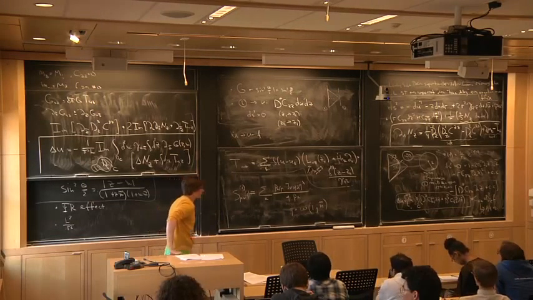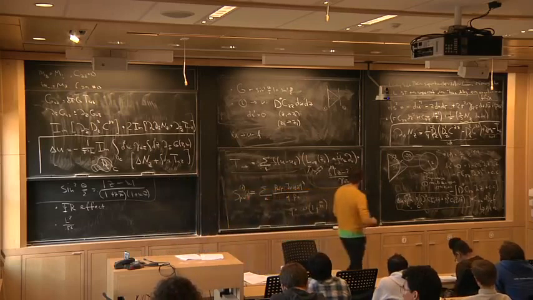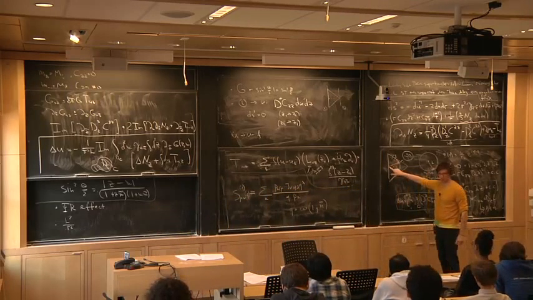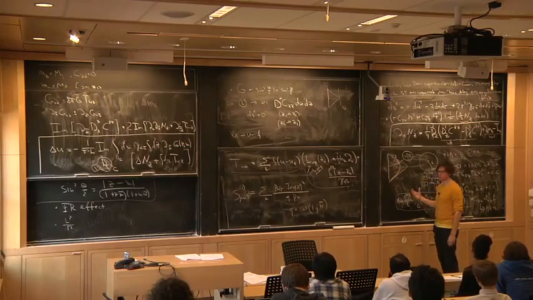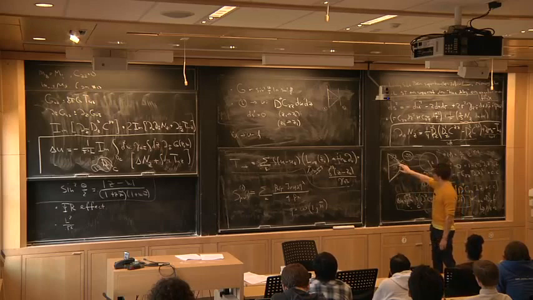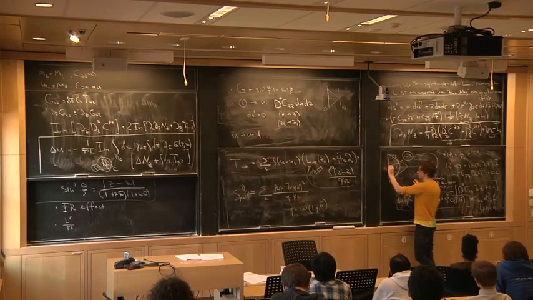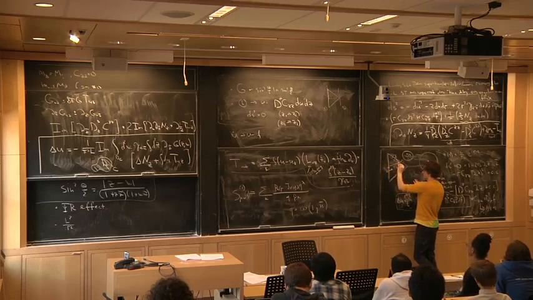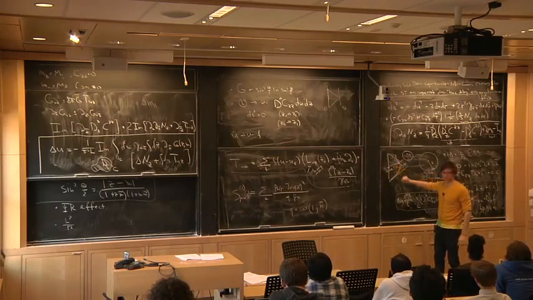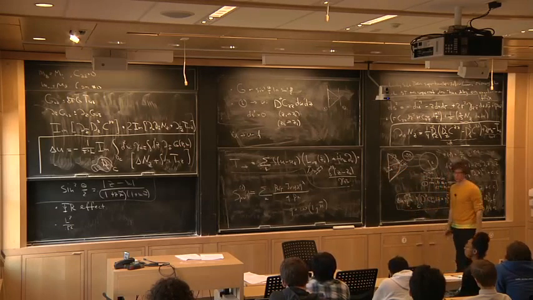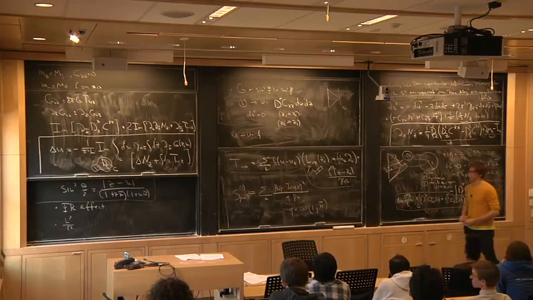Well, R naught is, if there is something happening far away in space, and here we observe on Earth, that's R naught. Sorry, maybe I was confusing. R naught is the distance from the event to the observer on Earth. So it's always very large.